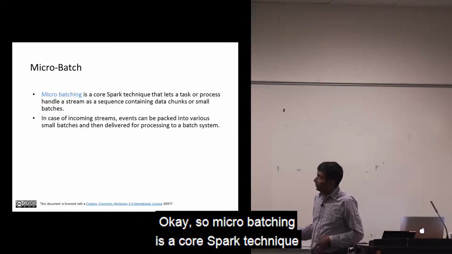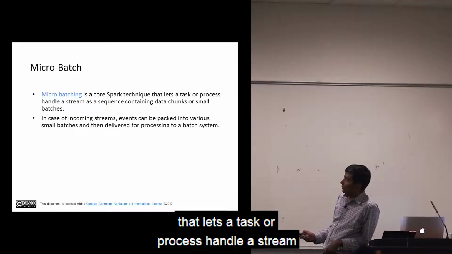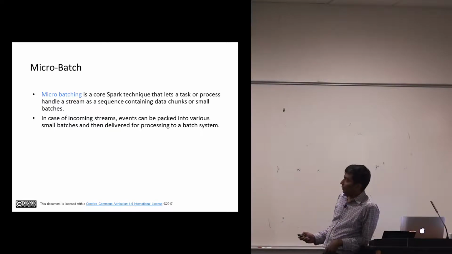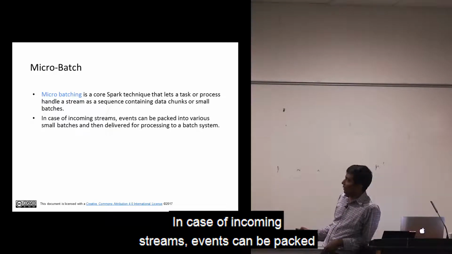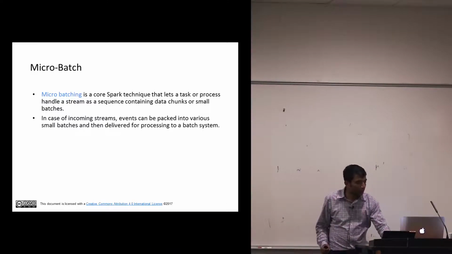Okay, so micro batching is a core Spark technique that lets a task or process handle a stream as a sequence containing data chunks or small batches. In the case of incoming streams, events can be packed into various small batches and then delivered to a batch system for processing.